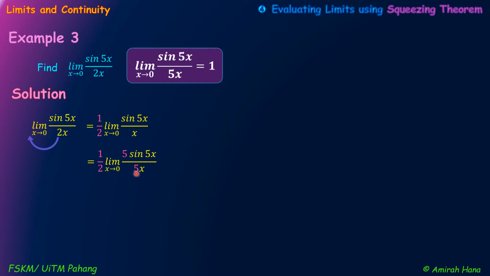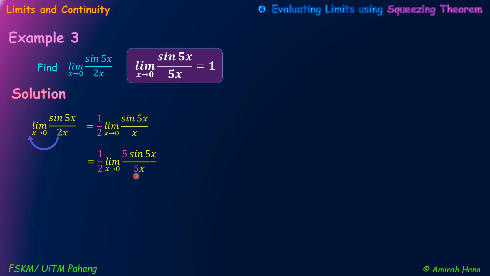But when we multiply the denominator by 5, we also need to multiply the numerator by the same value, so that when we simplify, we get 1. And remember, any value multiplied by 1 will not change its original value. That's why we need to multiply both numerator and denominator by the same value.